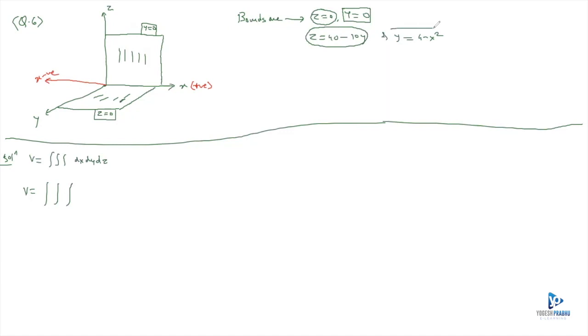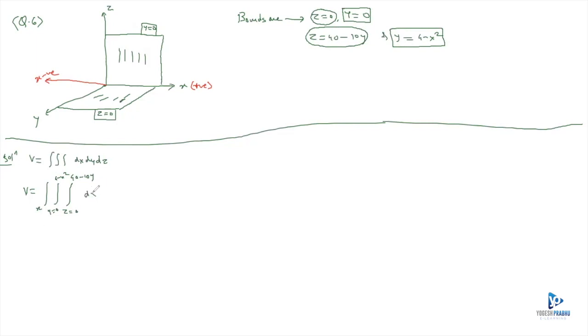So z equals 0 to 14 minus 10y, and y equals 0 to 4 minus x squared. Limits of x are not known. We will look at that later. As of now, let's integrate.